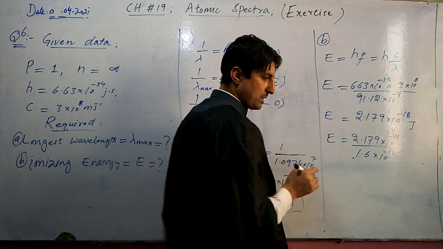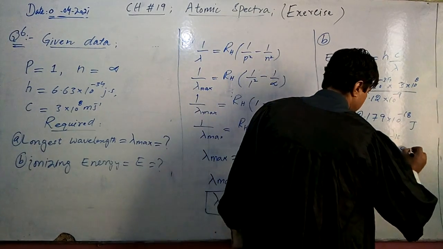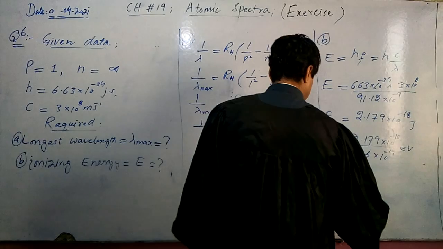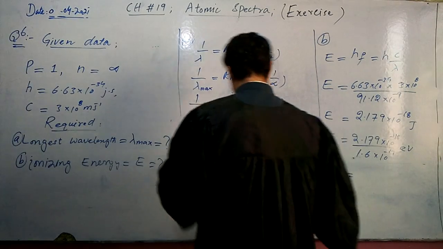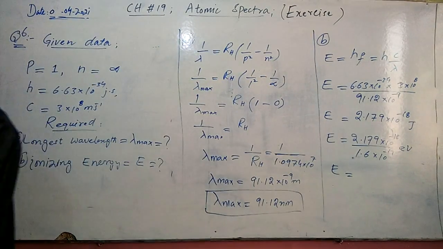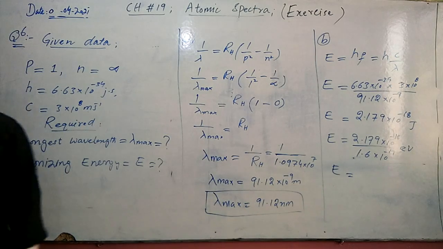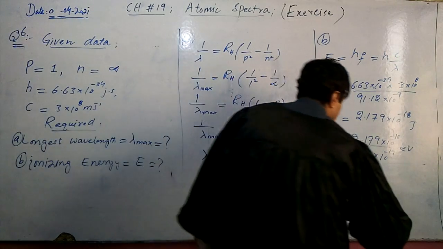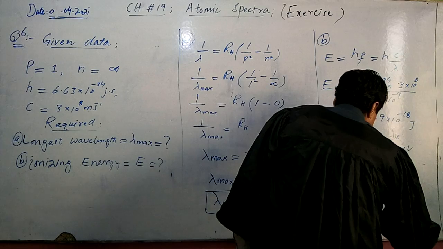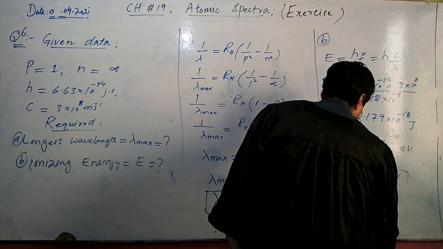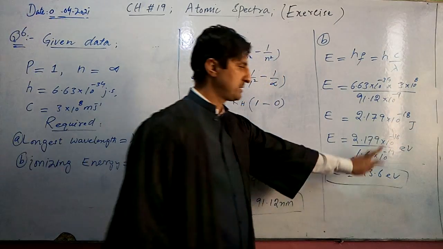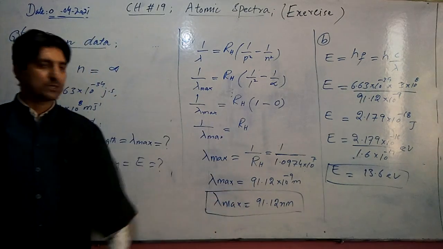Now the answer will be in electron volt. So E will be equal to 13.6 electron volt. By performing this calculation, you will get this value. That was all about energy.